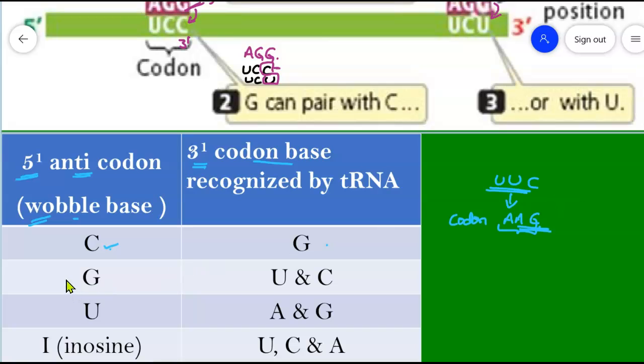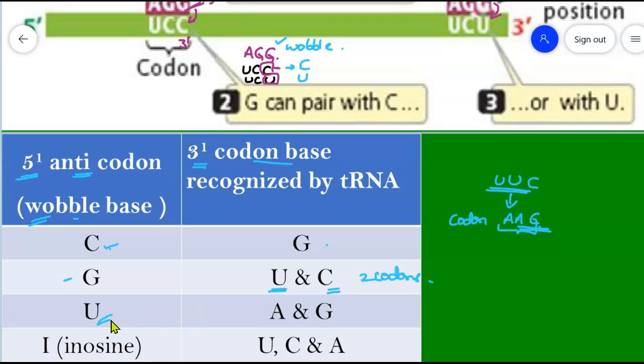If the wobble base is G, it can recognize codons ending with U as well as codons ending with C. We have seen this in our previous case. That means if G is the wobble base, it can recognize two codons.